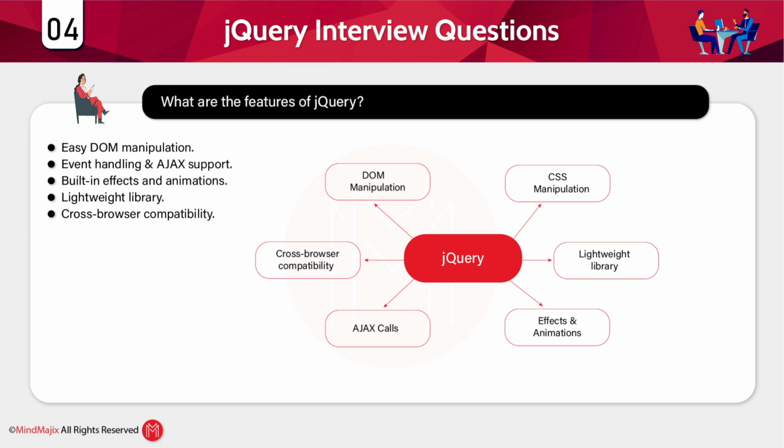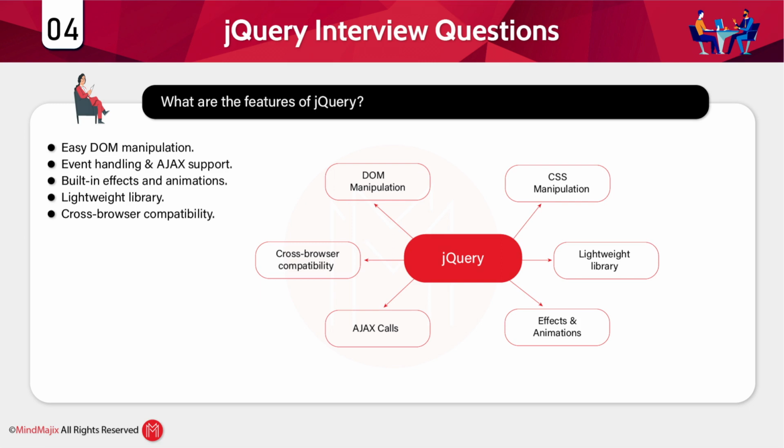The next feature is built-in effects and animation. You can do animation transitions in CSS with the help of jQuery. jQuery is also a lightweight library. When you download jQuery from the CDN, you can see it is not more than 100 KB. A file of less than 100 KB is loaded in just a fraction of a second.